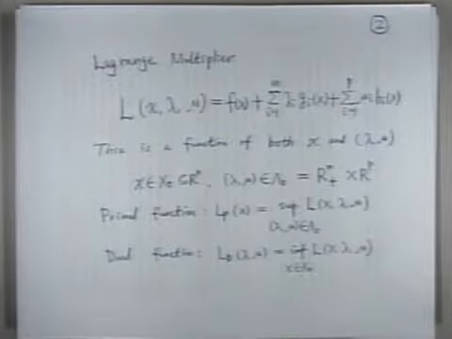Why? Because we are talking about the inequality constraints. For inequality constraints, what condition do we need to satisfy? Yeah, this Kuhn-Tucker condition, which says what? If the constraint is active, then gi of x is 0, and lambda i can be positive, right?